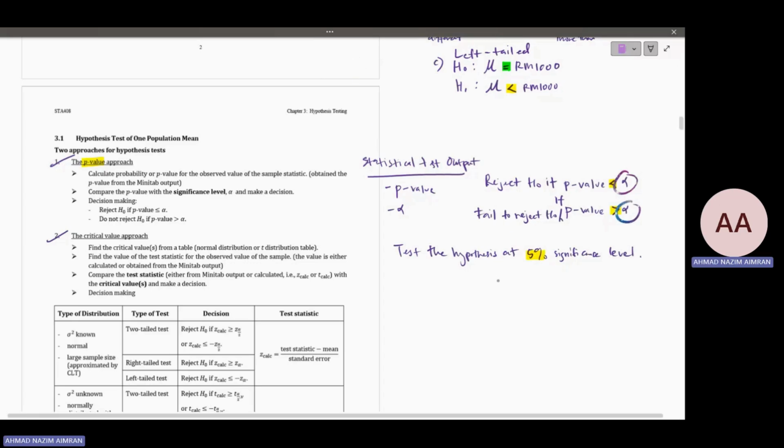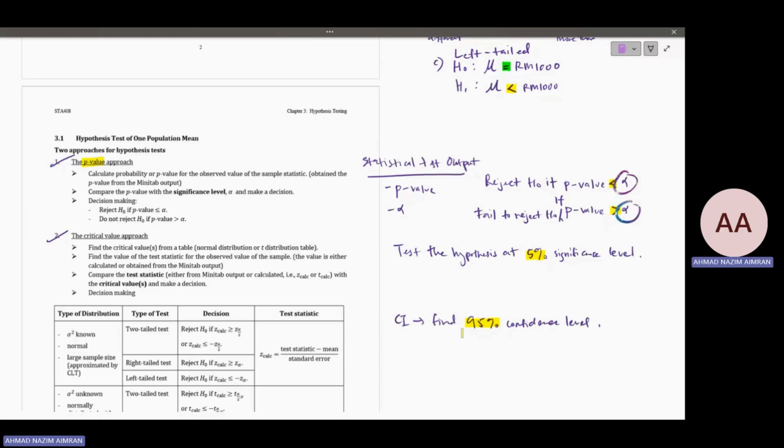And in the confidence interval, we have learned that if the question asks you to find 95% confidence level, I just want you to be able to differentiate between significance level and confidence level.